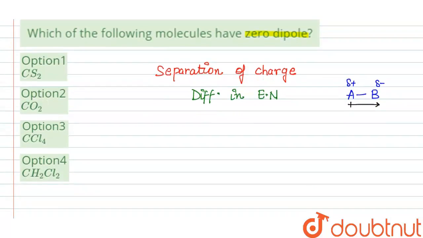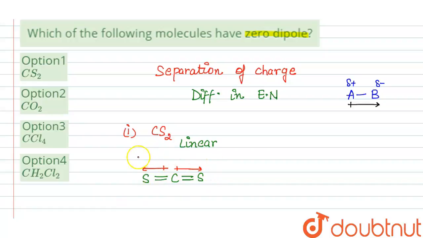So if we see the first option, which is CS2, this CS2 has a linear shape. So if we draw it, it will be C double bond S double bond S. So since sulfur is more electronegative in comparison to carbon, the direction of dipole will be towards sulfur in this way, and here also in this way.